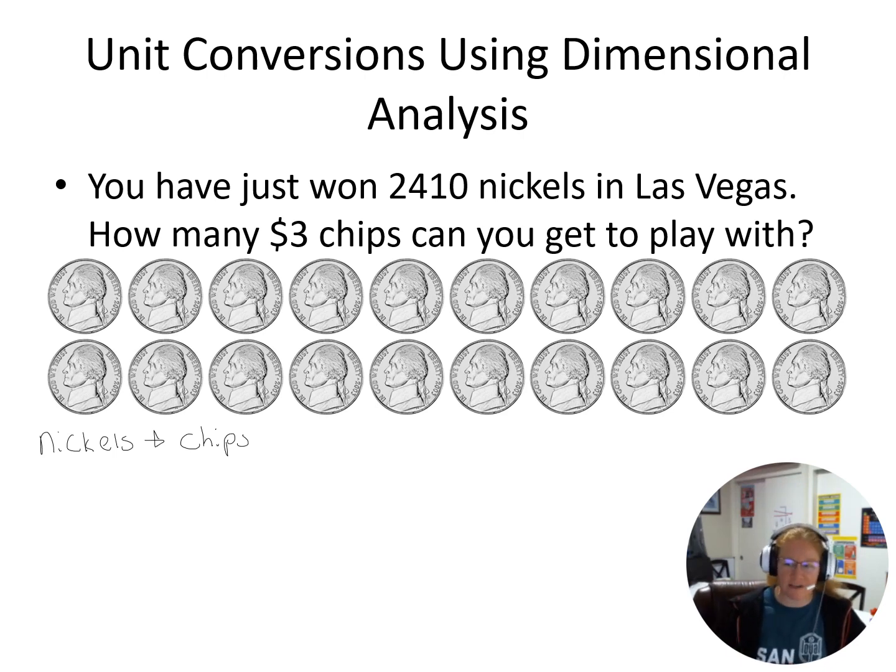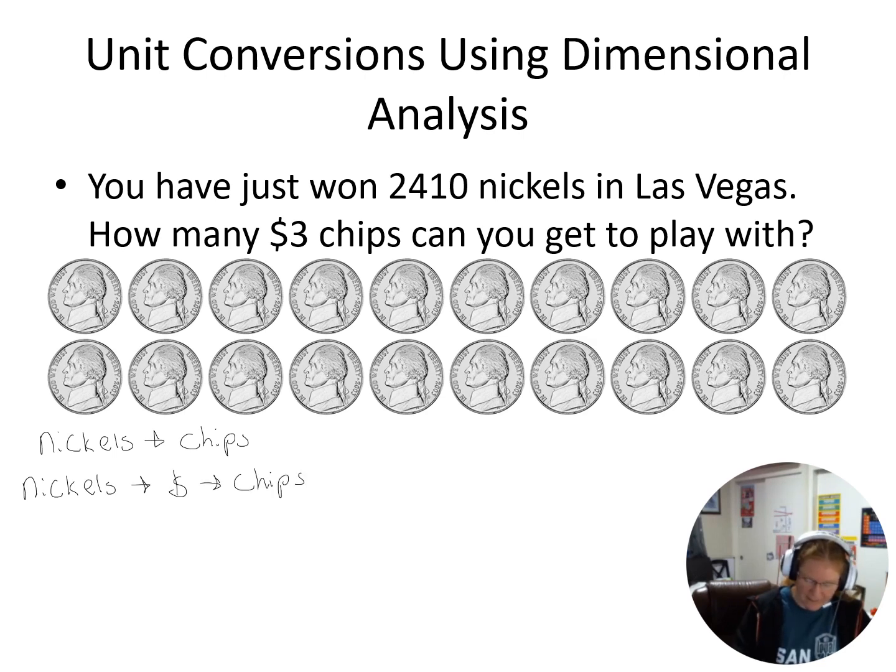So what we're actually going to have to do is a two-step conversion. We're going to need to go from nickels to dollars and then over to chips. Okay? So if you don't know how many nickels there are in a dollar, I have conveniently provided you with an image that shows the number of nickels there are in a dollar. Okay? There are 20 nickels per dollar.